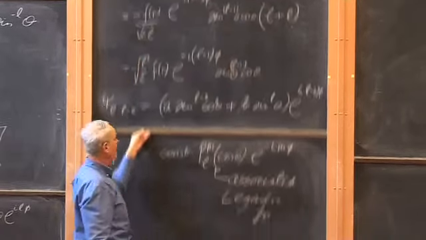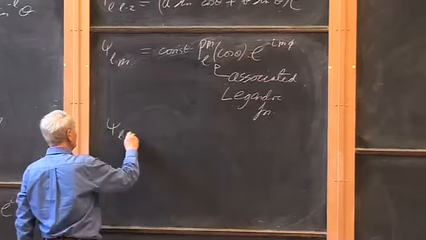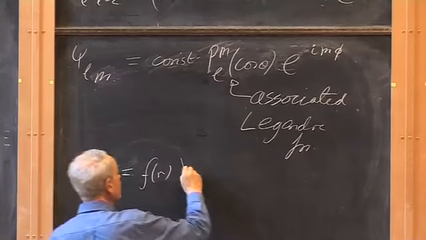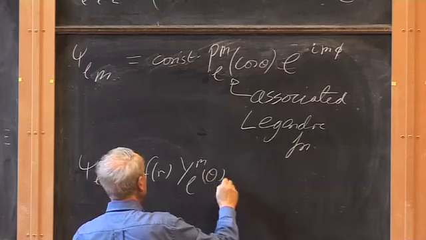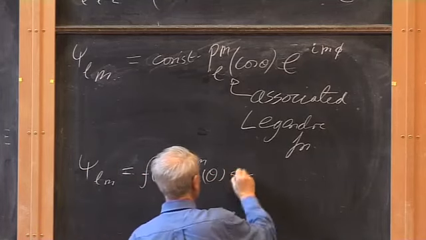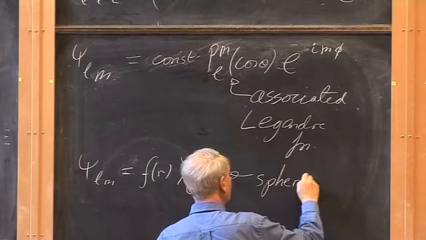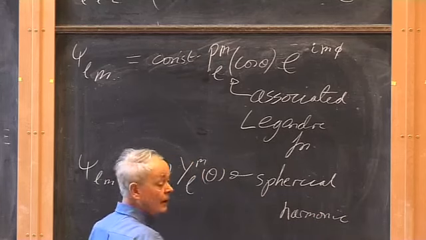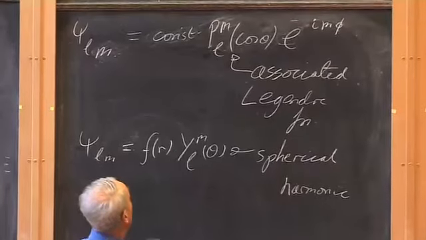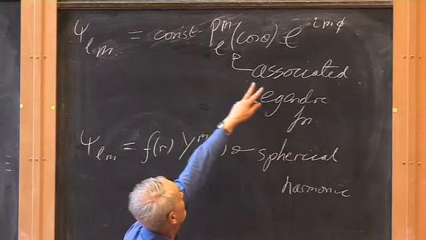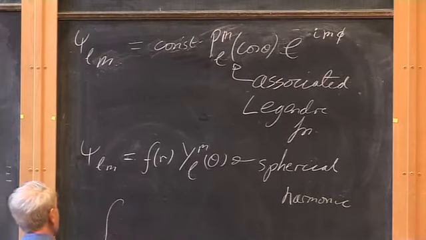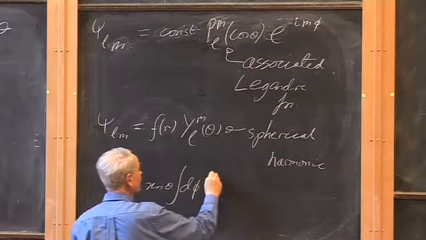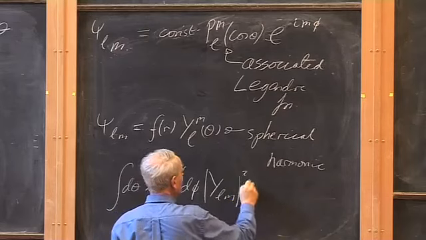How do we normalize this traditionally? What we do is we say psi Lm is equal to some function of radius, to be discussed, times Y_LM of theta and phi, where the spherical harmonic is a multiple of P_LM times e to the i m phi, normalized so that if you integrate d theta sine theta d phi over the sphere of the mod squared of Y_LM, you get precisely 1.